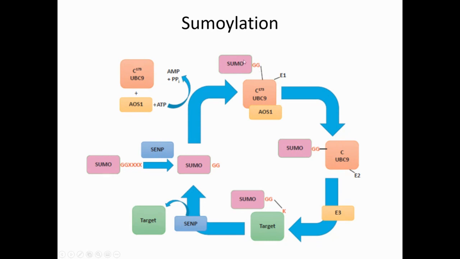So this is E1, you connect this here and then transfer to the cysteine residue of E2. And then finally you have E3, which brings the target protein, so that the SUMO is transferred to this target protein through a lysine residue, bringing the protein to the specific location for its specific cellular function.